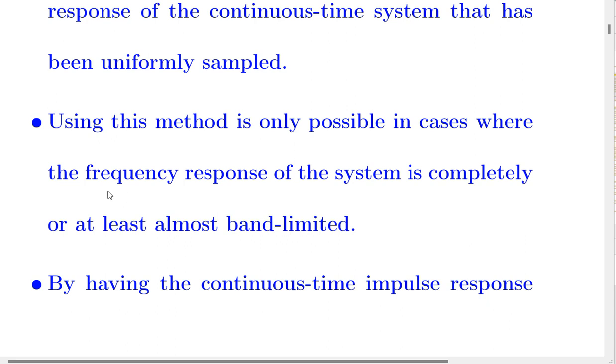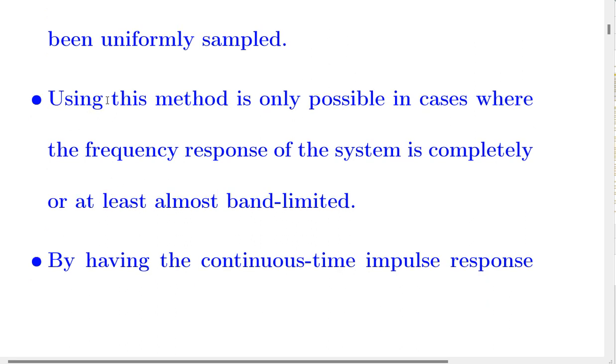That's the idea. Using this method is only possible in cases where the frequency response of the system is completely or at least almost band limited. Okay? So, a constraint for using it.